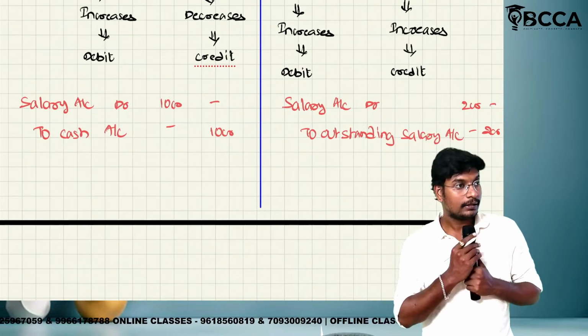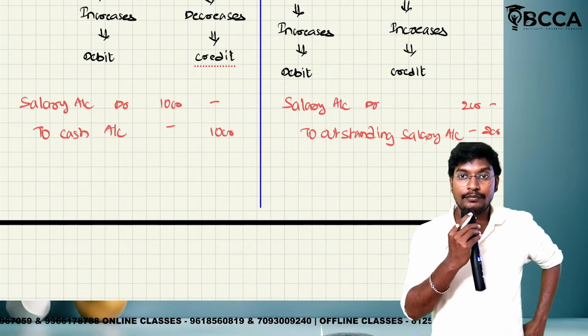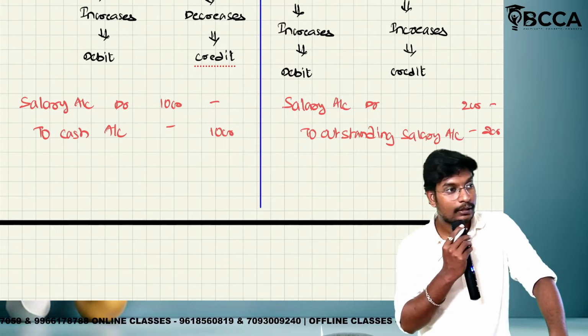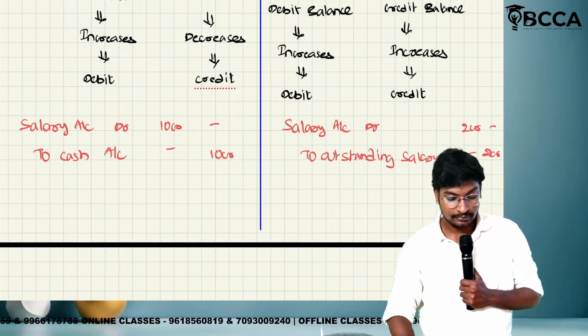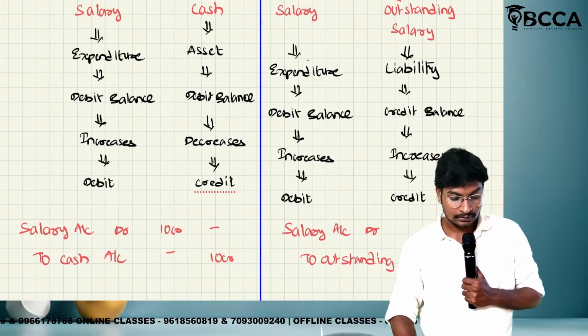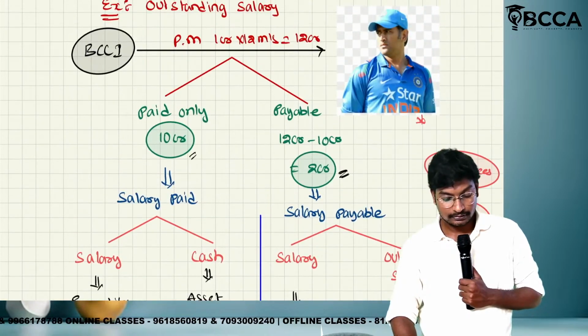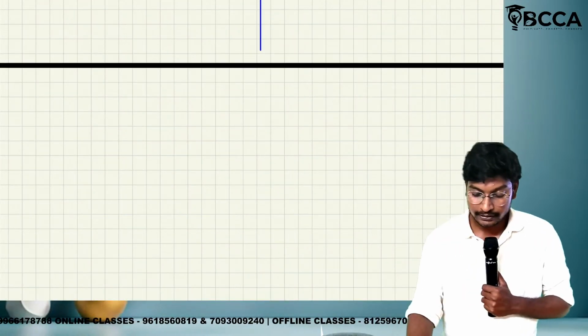Next, what we need to decide: in the cash basis we will record only salary paid. We will not consider the outstanding salaries. So that point we need to write down. Did you understand the concept? You have recorded or not recorded? What is the note point?